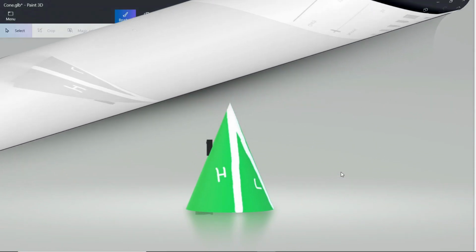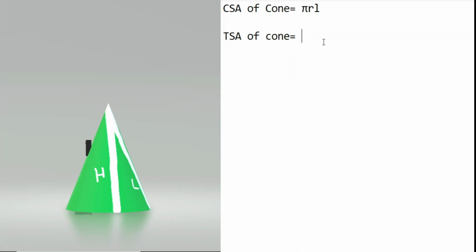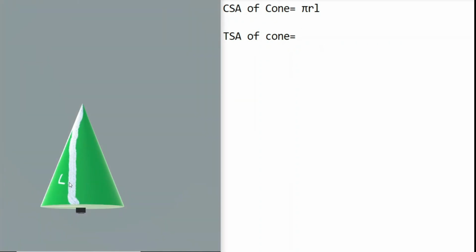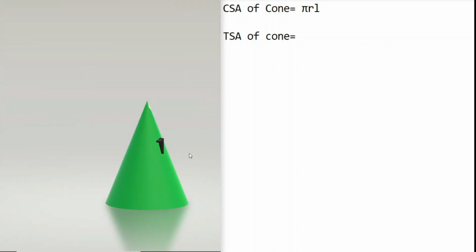Curved surface area of a cone is pi r L. Now the total surface area of a cone is the curved surface area, that is the area of this first surface, plus the area of this circle, right? And the area of a circle is pi r square. So we have this pi r L, then plus the area of the circle, that is pi r square.